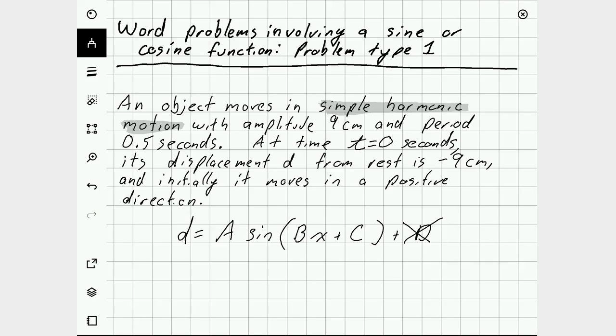In this case, I know that the amplitude is 9 centimeters. That's given to me directly in the problem. So A is 9. I know that the period is 0.5 seconds.